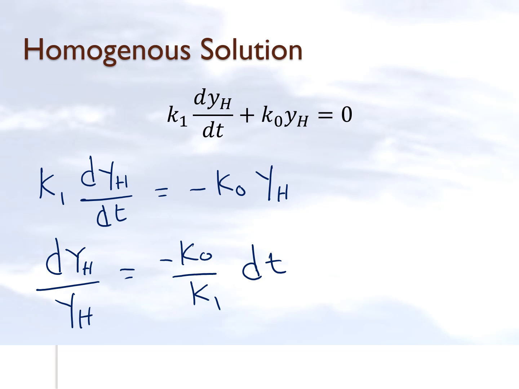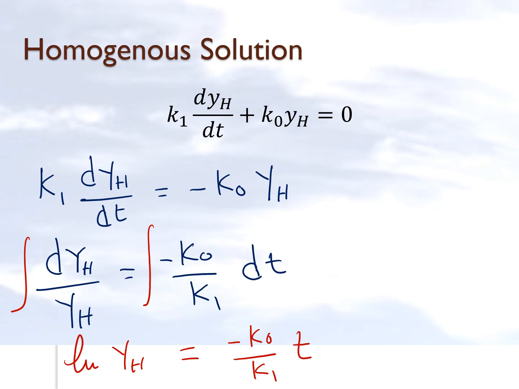Now, if I integrate both sides of this equation, on the left-hand side, I'm going to get the logarithm of yh, and on the right-hand side, I'm going to get minus k naught over k1 t, and then we have this integration constant. So let's continue our solution.